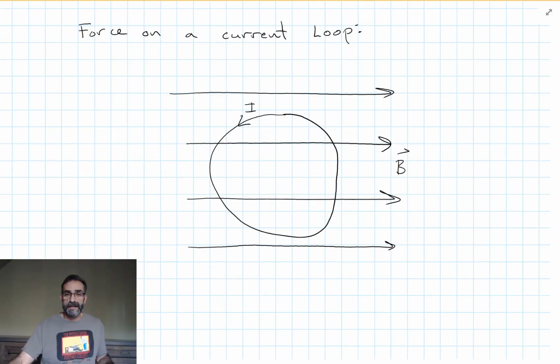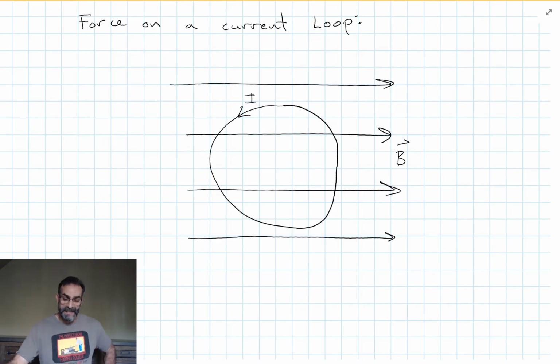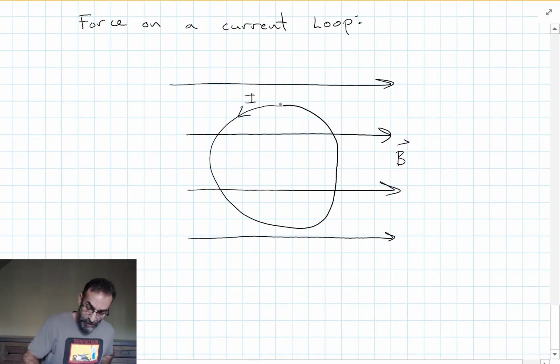Let's take a look at a current carrying loop of wire. What do you think the magnetic force is on this loop of wire? It might be easier to see if we think of this wire loop as sort of two half loops. I'll separate it here.